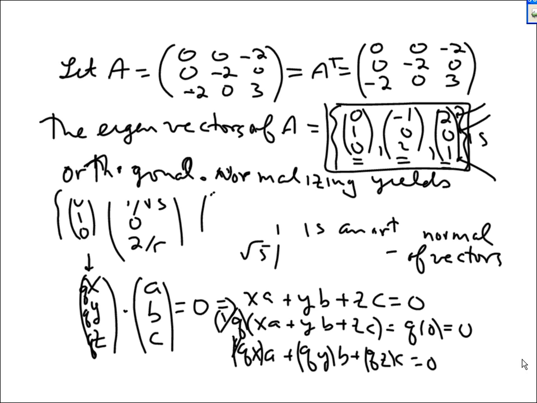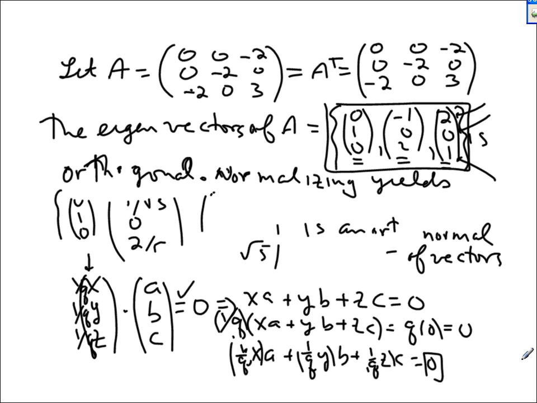So it's really 1 over q times x, 1 over q times y, 1 over q times z. It doesn't matter. If you want to see it in the denominator, you may have it in the denominator. The dot product will still be 0.